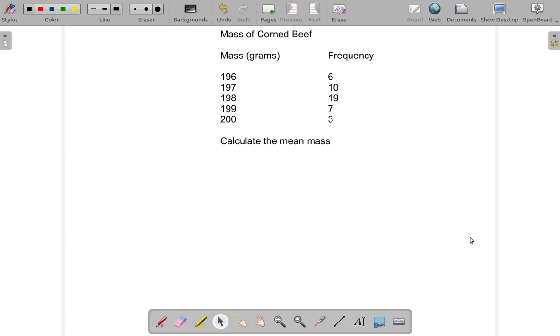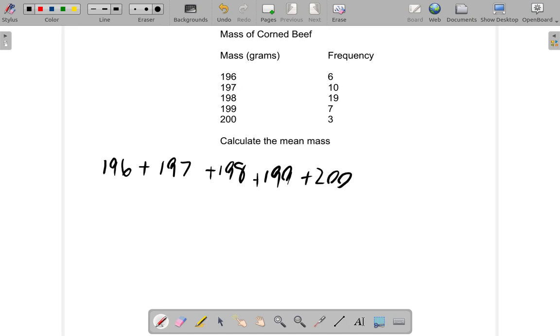Now, first of all, some persons might make the mistake of calculating the wrong things. For example, some persons might say you have 196 plus 197 plus 198 plus 199 plus 200, and there are 5 of them, so you divide by 5.